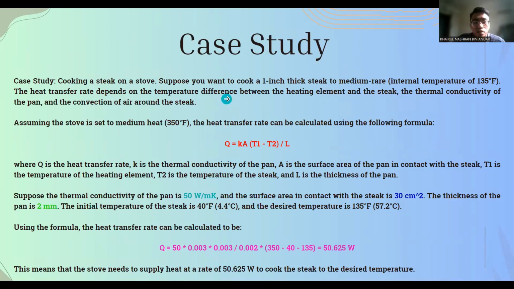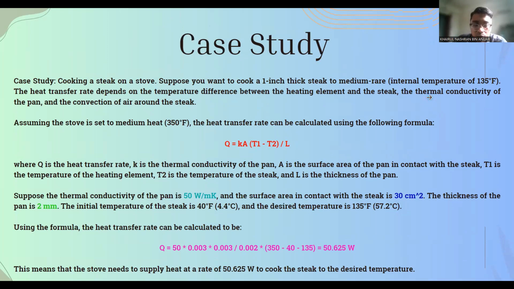Assalamualaikum warahmatullahi wabarakatuh. My name is Karuna Shamil Anwar, my matric number 2059551. So for the case study here, the question tells us about a steak which is going to be cooked on a stove, medium rare, with just 1 inch thickness of the steak.